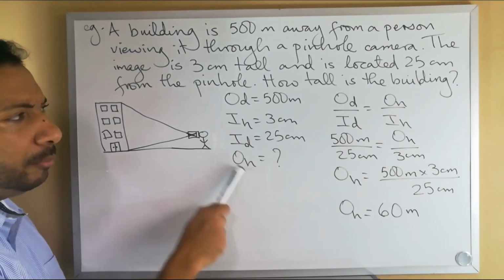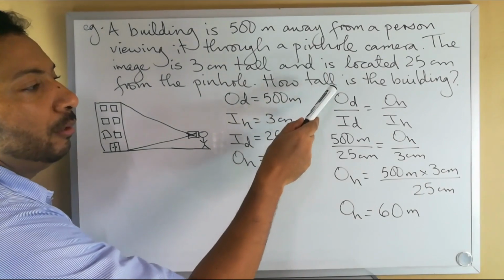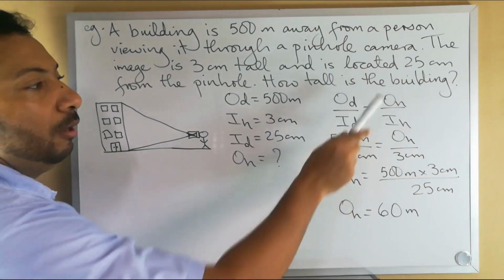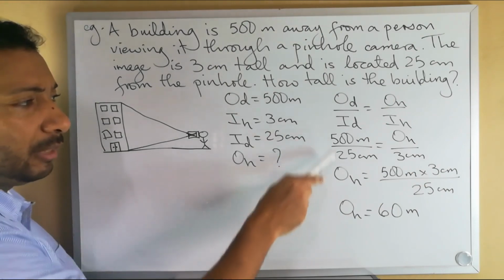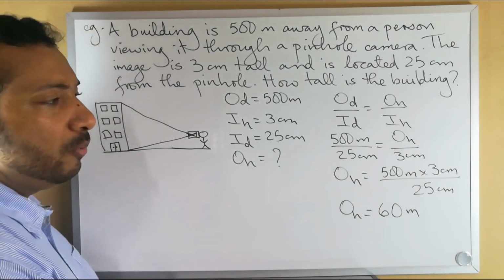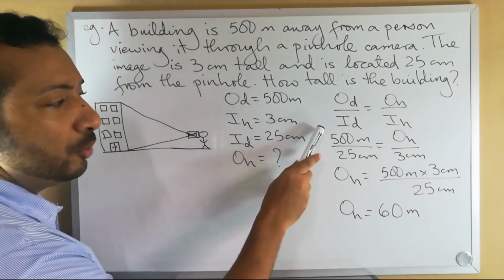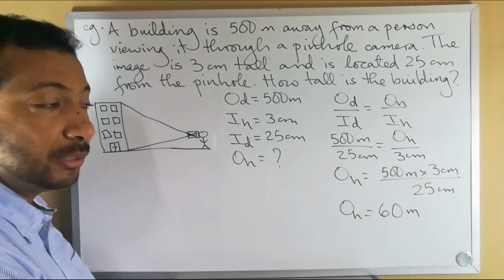What is the object height? So our formula is object distance over image distance is equal to object height over image height. We substitute our values and then we rearrange to get the object height. So when we rearrange, the object height will be 500 meters multiplied by 3 centimeters divided by 25 centimeters.